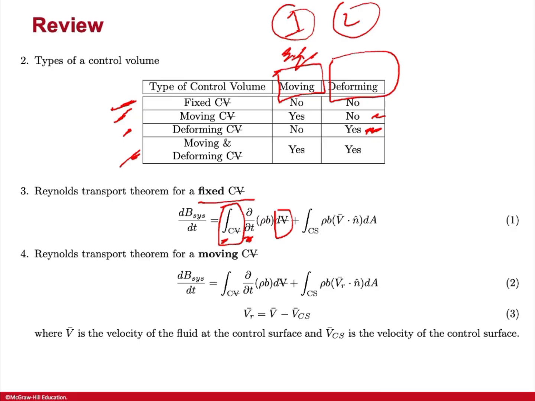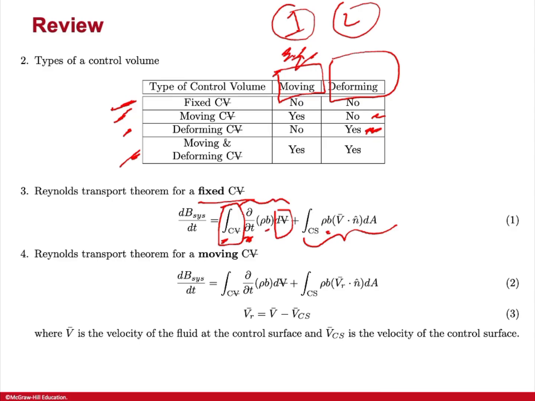So essentially this first term accounts for how this quantity B is changing inside that control volume with time, while the second term accounts for how much of B is entering that volume from outside, or leaving the volume from the boundaries, right?